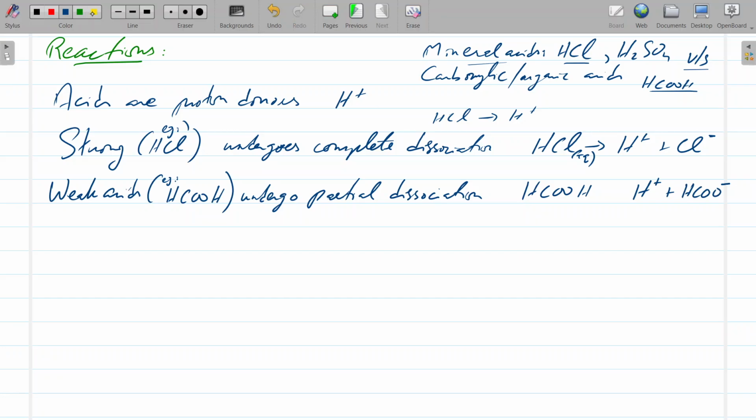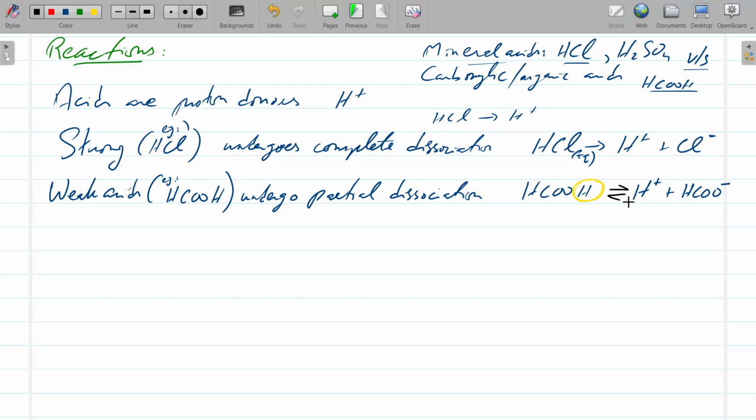First of all, the hydrogen that's being lost is from the functional group. One thing to keep in mind, it's not the hydrogen that's with the rest of the carbon chain. In this case, there isn't a carbon chain, but it's not that one. The other thing is that the reaction is reversible.